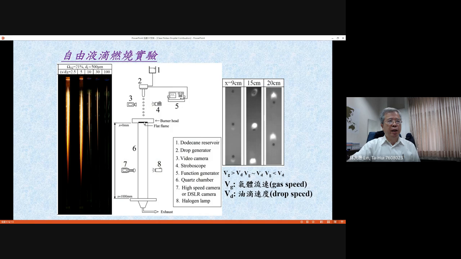At this moment, the droplet velocity is relatively small compared with the gas velocity, since we supply the gaseous mixture to support the flat flames, and those gaseous mixtures, hot products will continue to move from the upper part to the lower part.